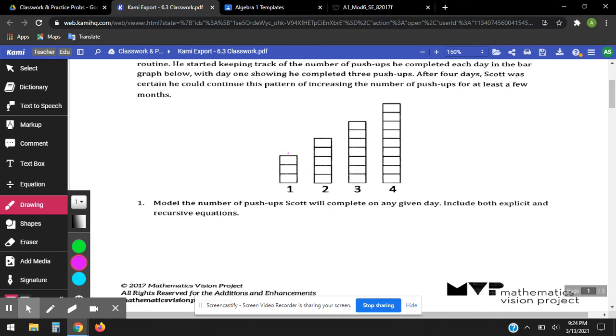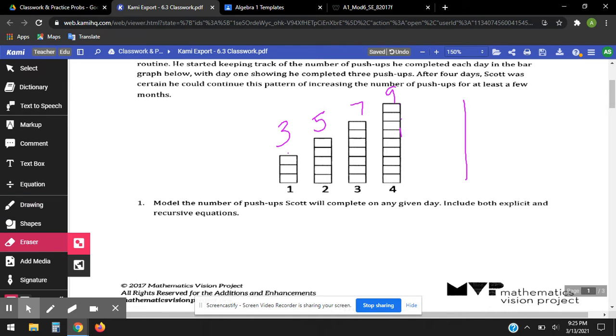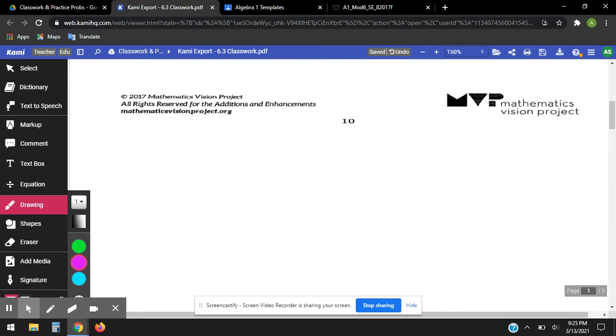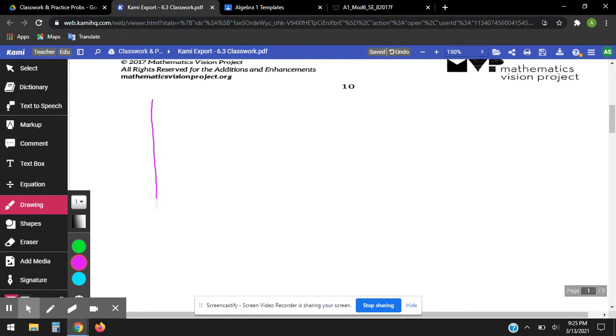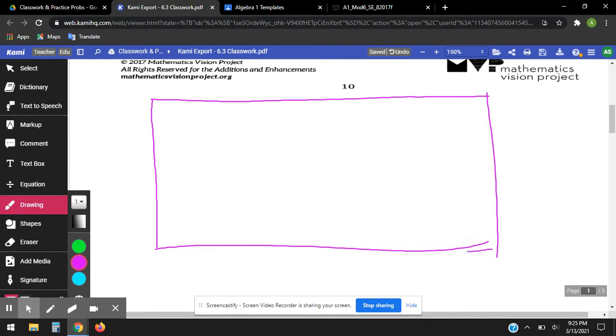So if we look at this, day 1 is 3, 2 is 5, 3 is 7, 4 is 9. I'm going to write this table down here because we're going to add to it for our next bunch. So here we have day.